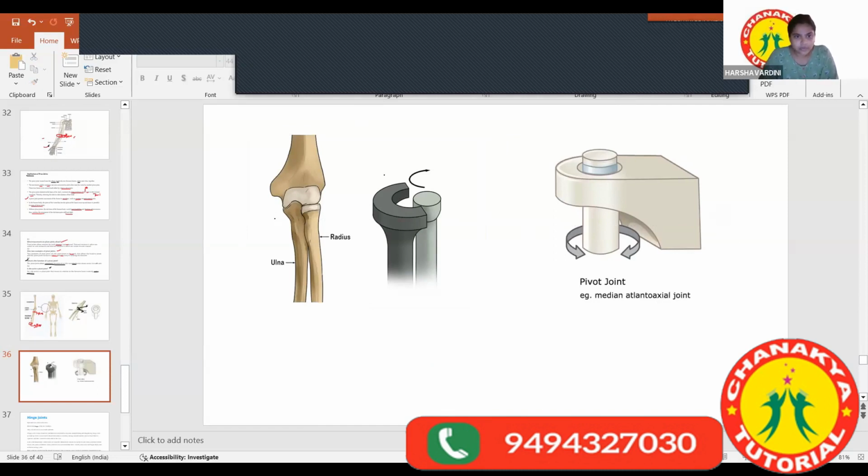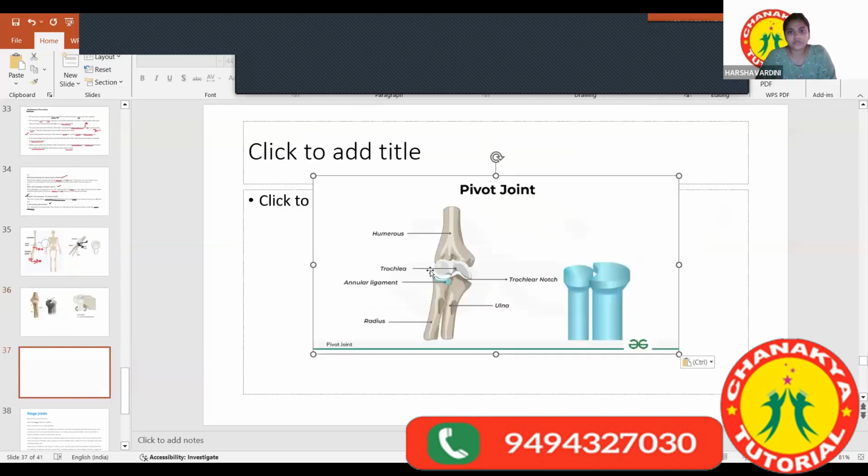I will also get you one more picture that was very clear. Ligament, ulna, okay. Radius, pivot joint. See here.